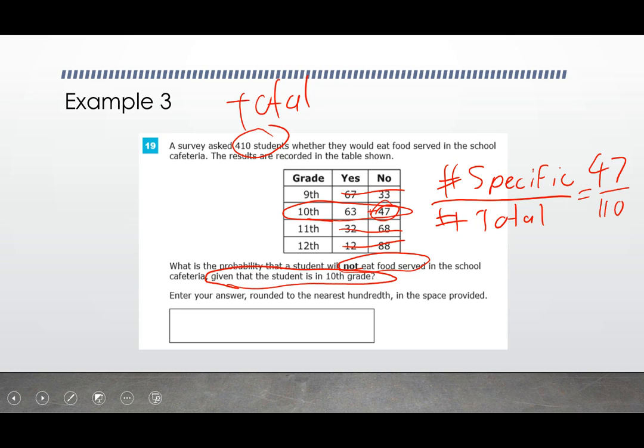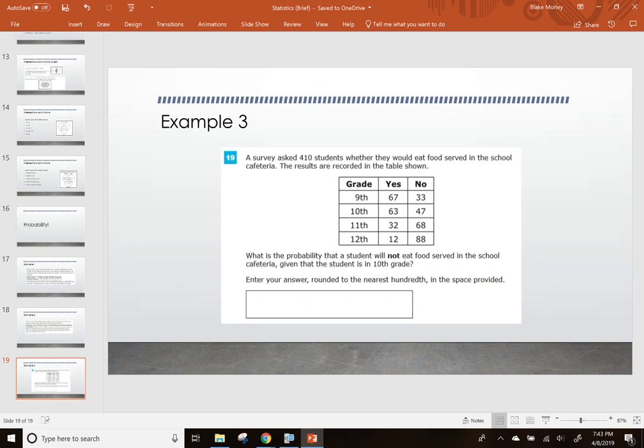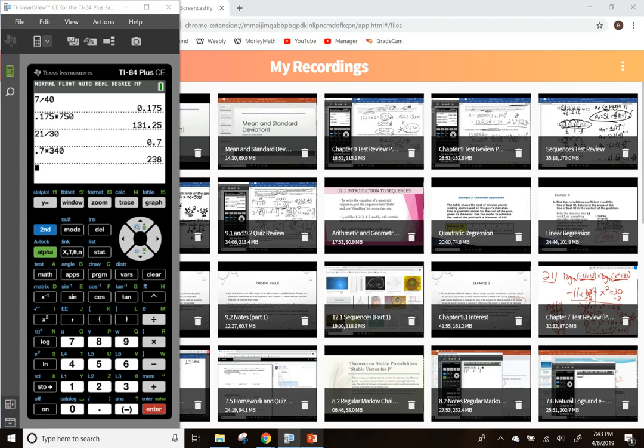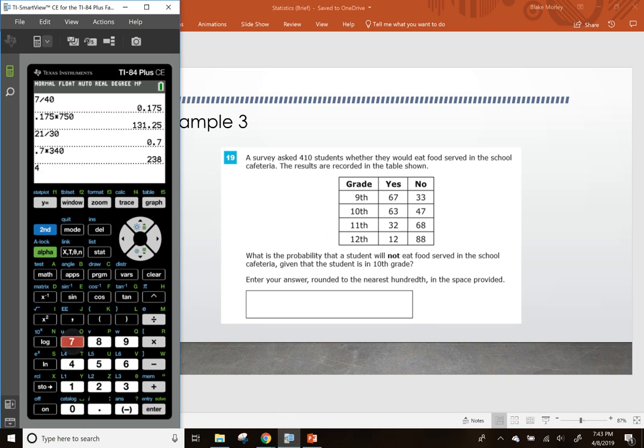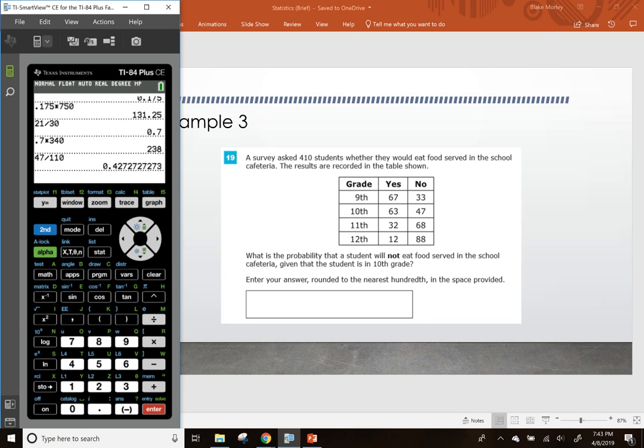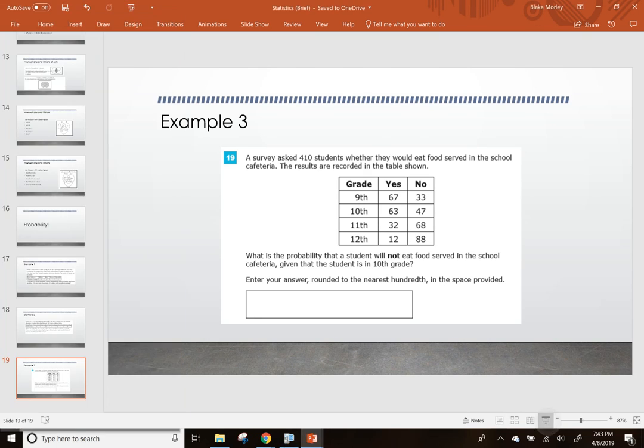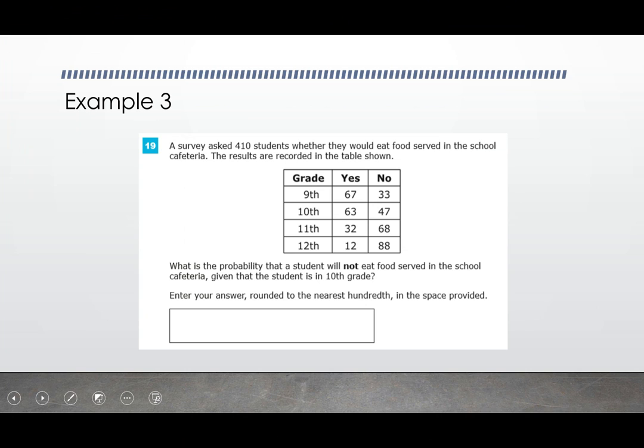So you do have to be kind of careful. Make sure you read that question carefully. So 47 divided by 110 is 0.42, we'll just say 0.43. So the answer to this question, it says nearest hundredth, which, yeah, is 0.43. So 0.43 is our answer.